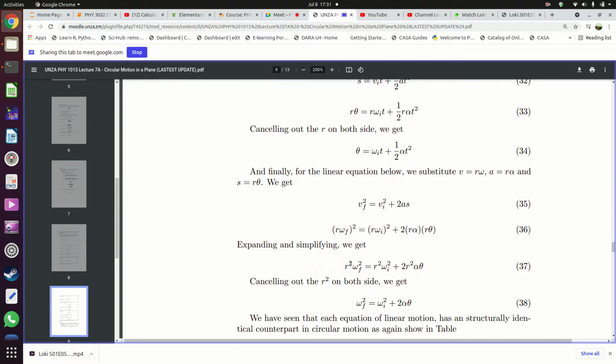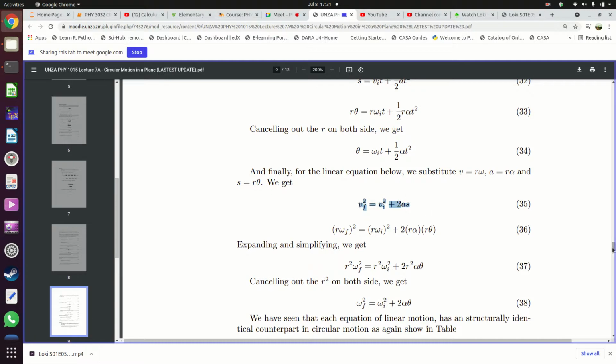So there is an r squared here, there is r squared there, there is r squared here. So you can factor out, then cancel, you end up with cancelling that r squared and that r squared. When you cancel that, you end up with omega f squared is equal to omega I squared plus 2 alpha theta. Equation 38 is a carbon copy of equation 35.